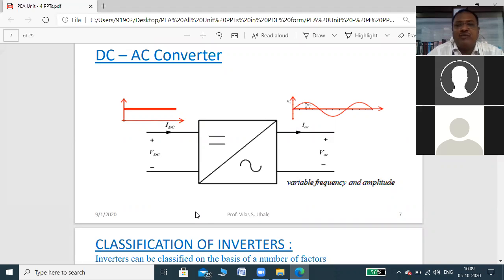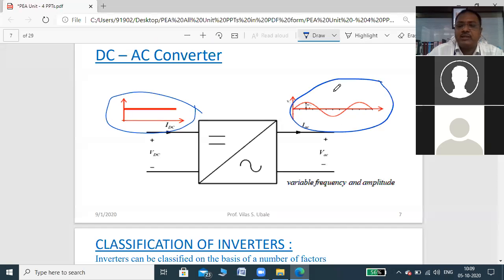But we can show that the output of the inverter is sinusoidal. So this simplified block diagram shows what an inverter is, right? The input is DC, and the output is AC. So an inverter circuit converts DC into AC.